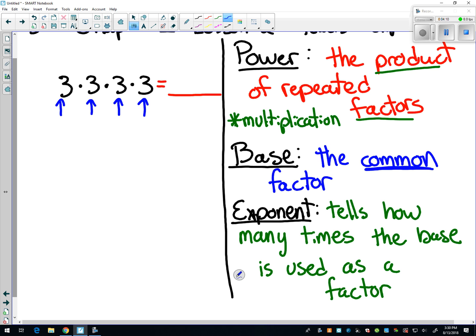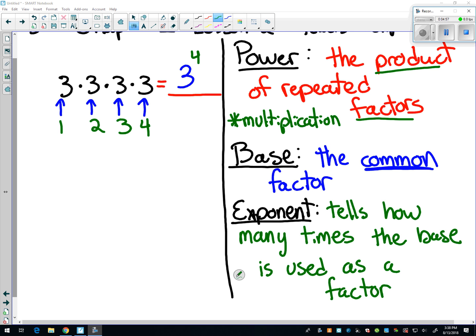So that red line represents our power, the whole piece. I'm going to write 3 in blue because that is my common factor. And now I'm going to look at how many times did it show up. Well, 1, 2, 3, 4 means I need to write an exponent on 3 of a 4. That is a small number written slightly above the number. We call that superscript. And that tells us 3 to the power of 4, or 3 times 3 times 3 times 3.